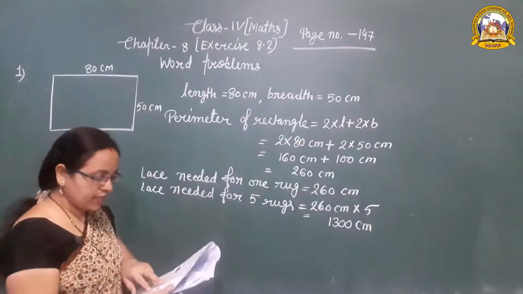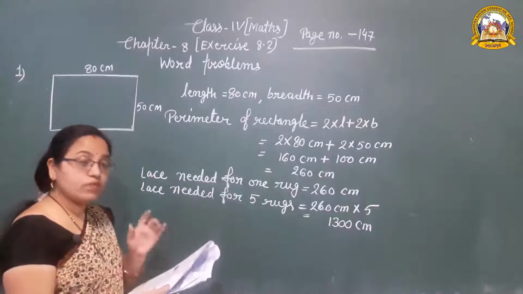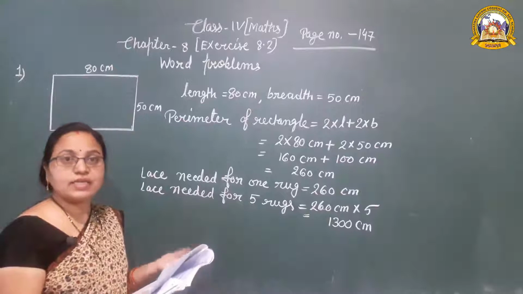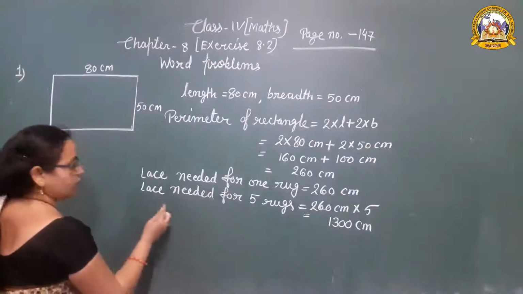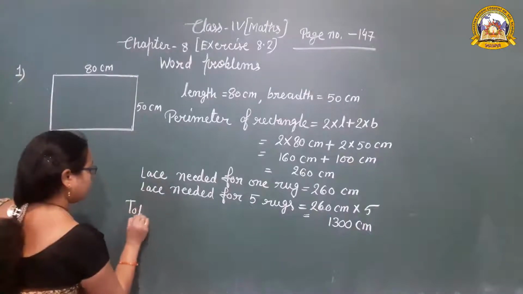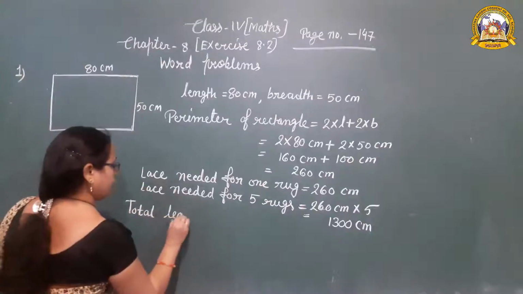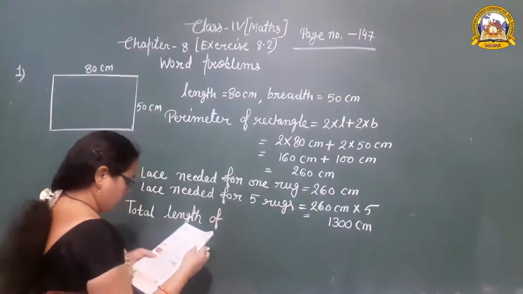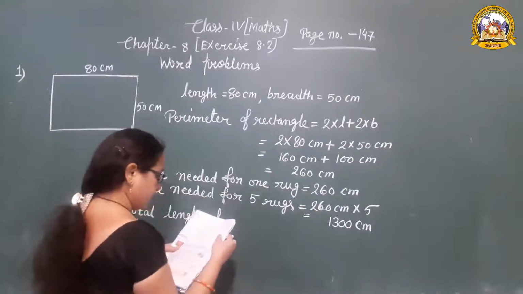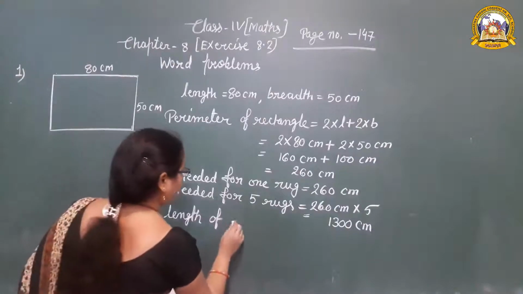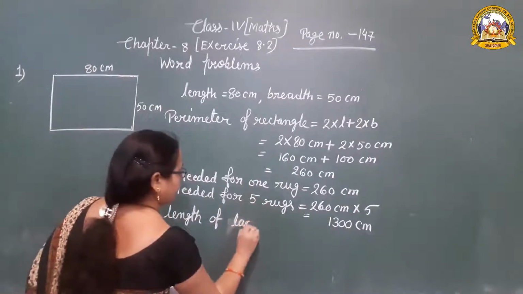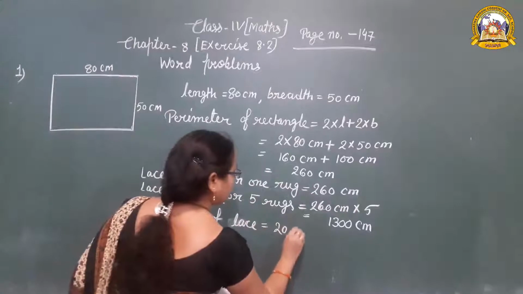Now the third one asks, how much lace will be left over? What is the total length of the lace? 20 meter. Total length of lace is equal to 20 meter.